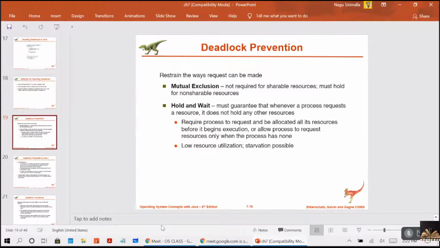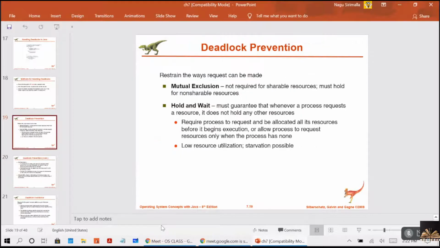So I can use another protocol here. A process can be allowed to request resources only when it has none.